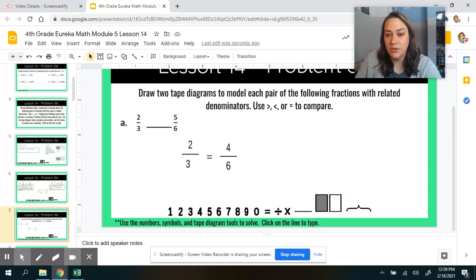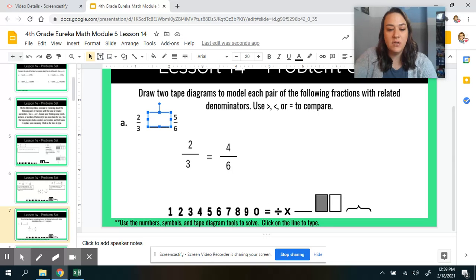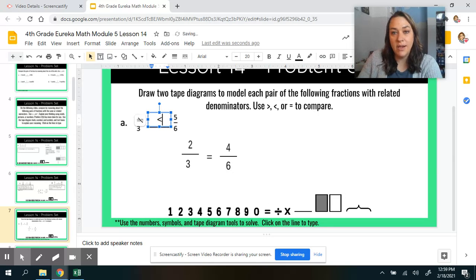Now we just compare our numerators because 5 is larger than 4. 5/6 would be greater than 2/3. That's another nice way to compare numbers, and that's what we're working towards, not using the number lines and the tape diagrams.